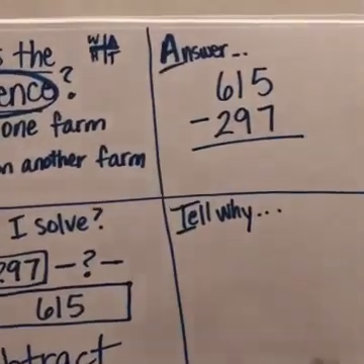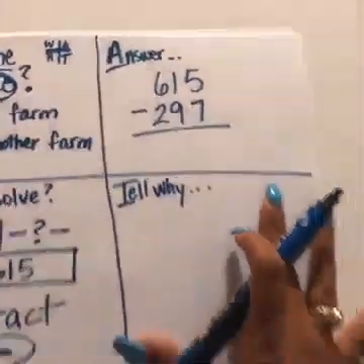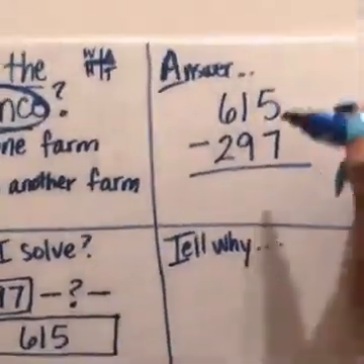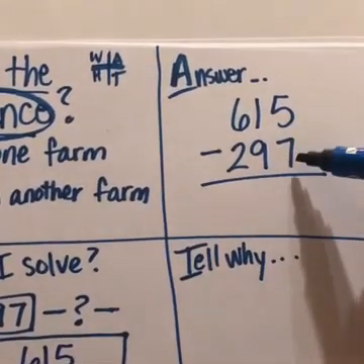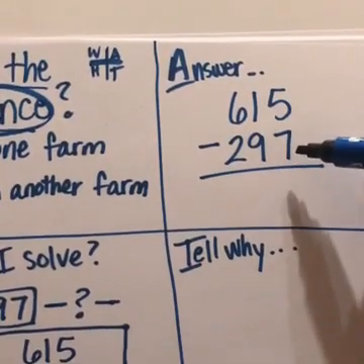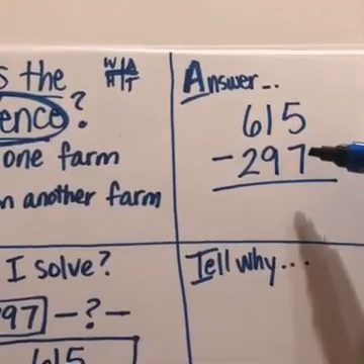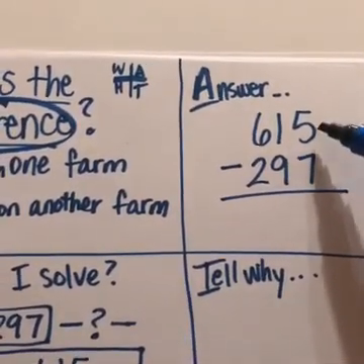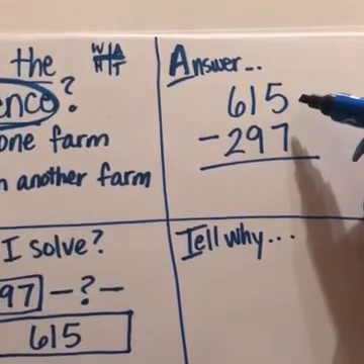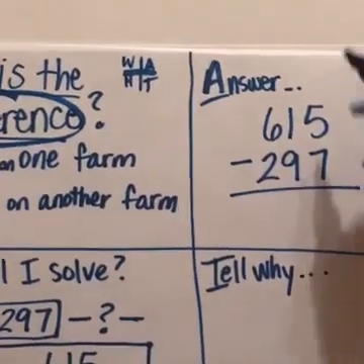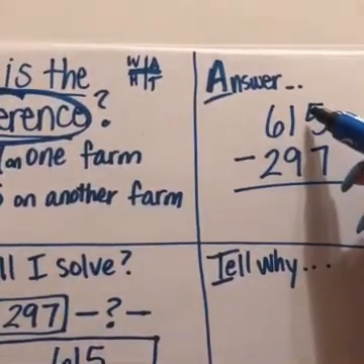Okay. So first, let's do it this way. So I would typically have your child, they know they're going to start with the top number and they're going to say, okay, 5 minus 7. Can I do that? Can I take 7 from 5? And of course, the answer is no. I know some people don't like this strategy, but I still use it. Okay. So I say, knock, knock, knock.